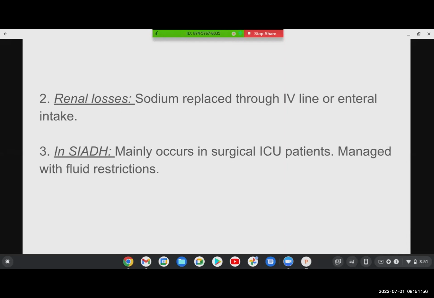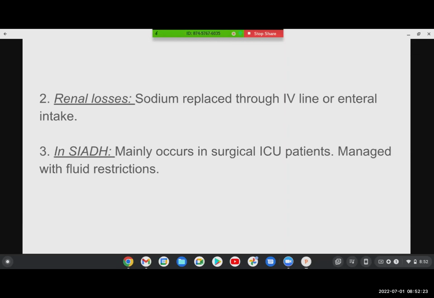Sodium losses can occur through the renal system, and there is also an increase of ADH in this condition, basically to counteract the rapid fluid loss in the body. In these cases, sodium needs to be replaced through IV line or enteral intake.